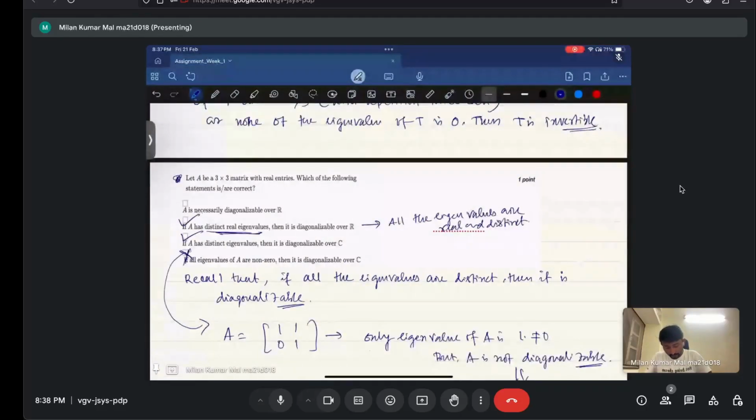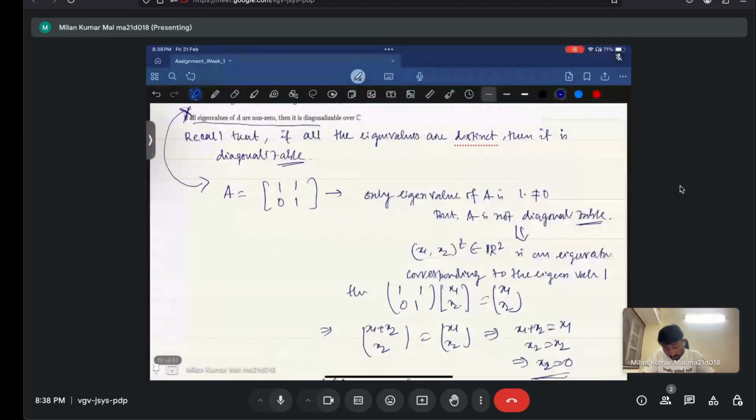Then the statement that A is necessarily diagonalizable is also false, as seen from here. If all eigenvalues are non-zero, then okay.